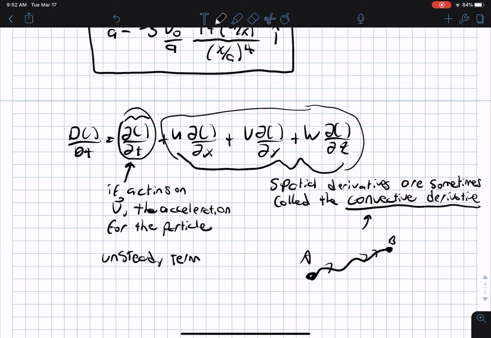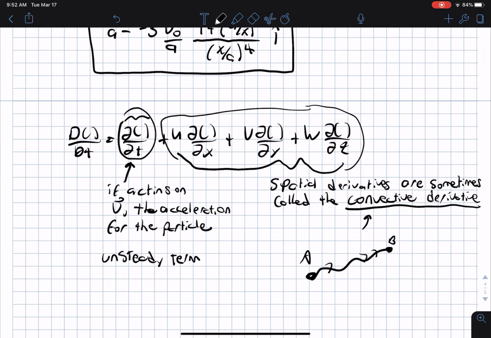Okay, and so you can use the substantial derivative on more than just the velocity to find the acceleration.